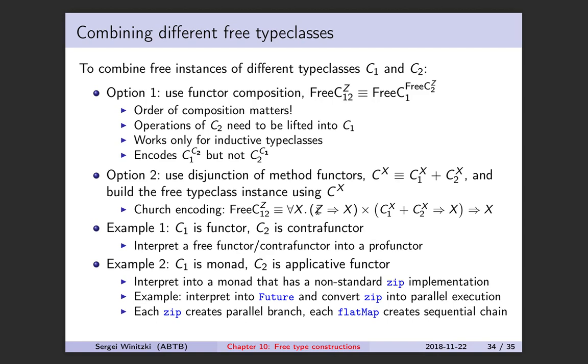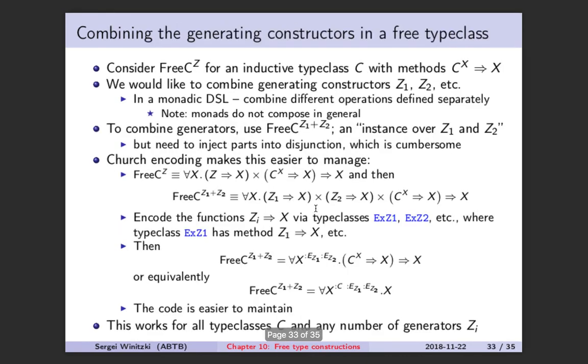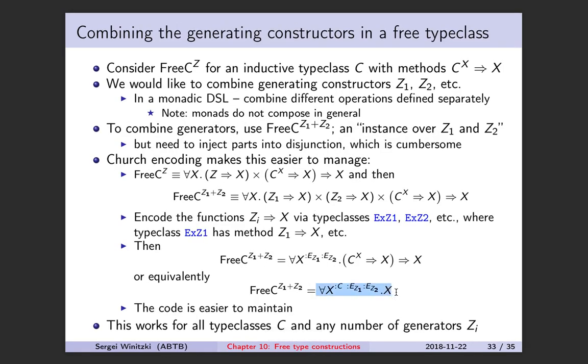Now, this is of course not ideal, because you would have to change the code if you wanted to combine different type classes. But church encoding can give you this combination for free, because all you need to do is to write this kind of type, and then obviously this is just the product of C1, C2, so you have this formula where you can put different type classes here and different generators here.